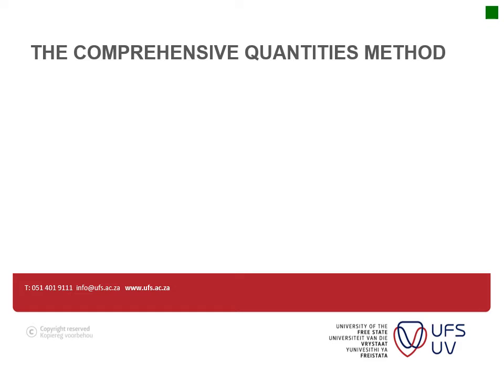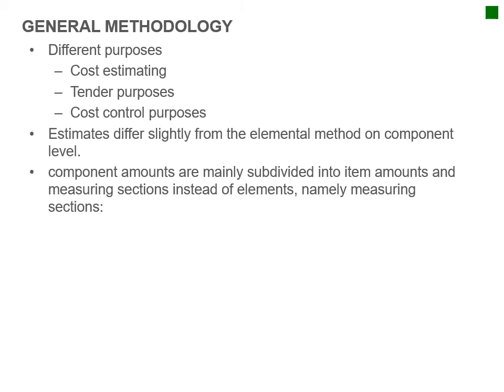The next one that I'm going to talk about is the comprehensive quantities. Now, the comprehensive quantities is almost like your bills of quantities, but the quantity surveyor basically uses bills of quantities, then groups it according to his understanding of what information he's got available, and puts a basic bill together with items, but makes allowances for the items that he doesn't have.